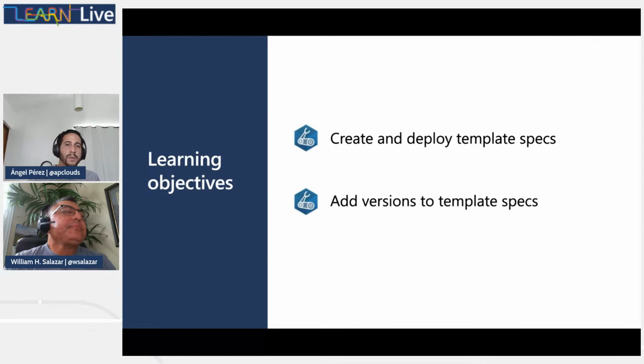If you've used an ARM template or a Bicep template before, any kind of infrastructure as code, you can package that template itself and have it live in this Azure resource called the template spec. We'll dive a little more later on what we can do with that. We're going to be learning how to create and deploy these template specs, as well as version them.